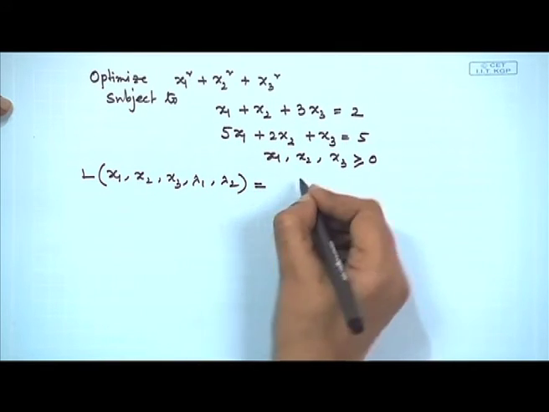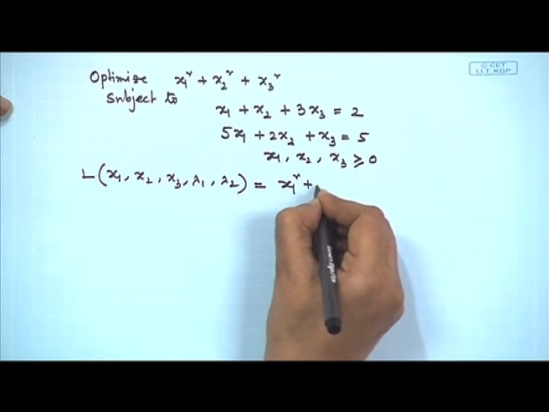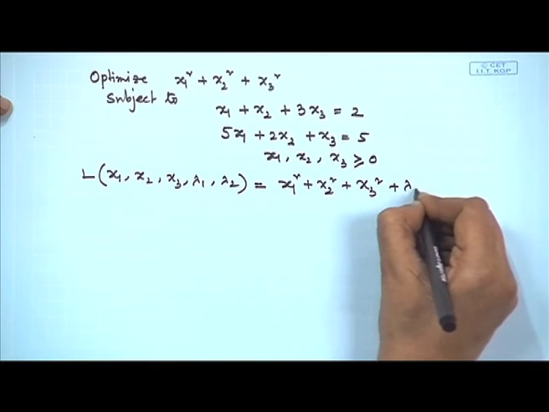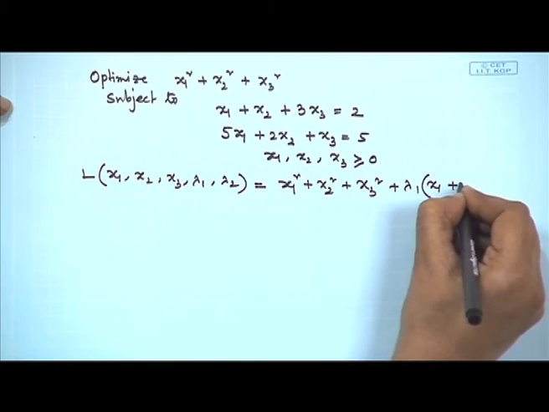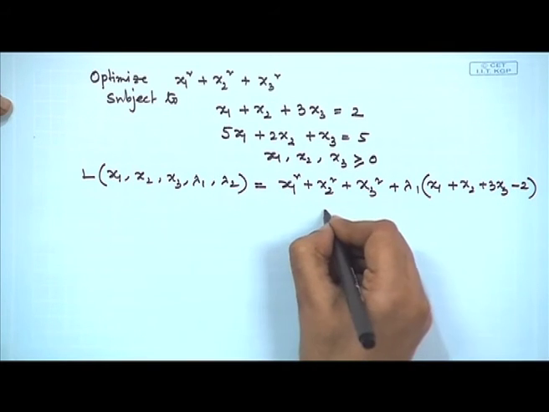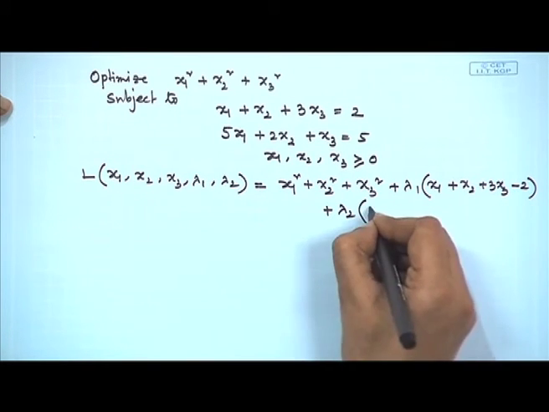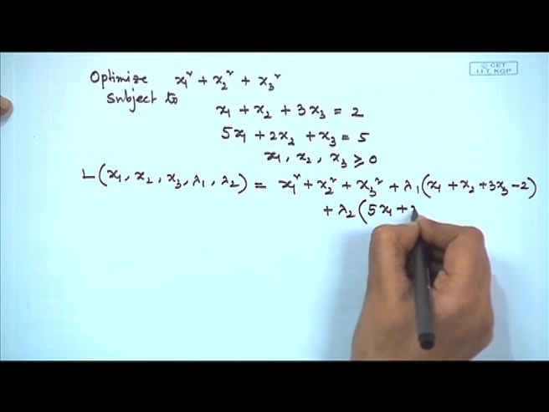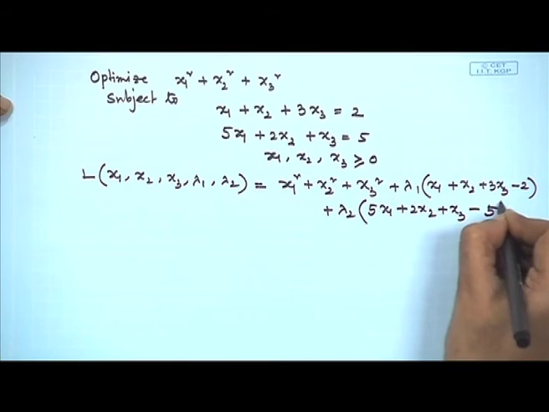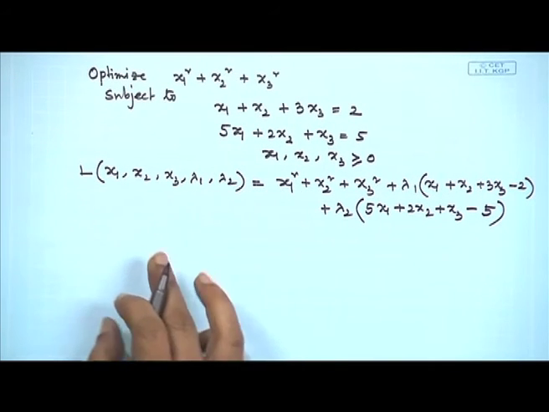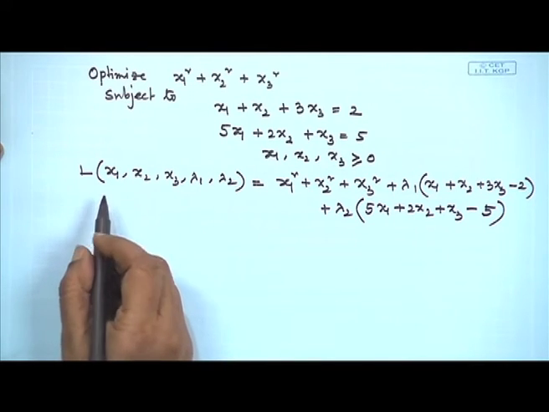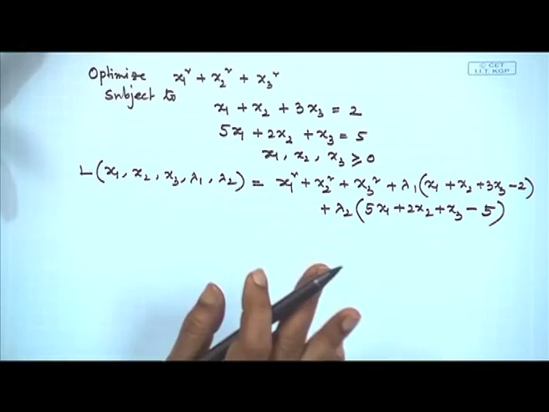The Lagrange function would be L equals x1 square plus x2 square plus x3 square plus lambda 1 times (x1 plus x2 plus 3x3 minus 2) plus lambda 2 times (5x1 plus 2x2 plus x3 minus 5).